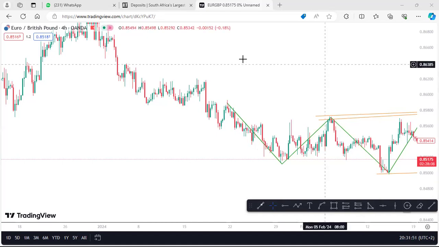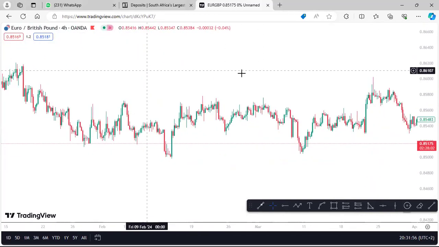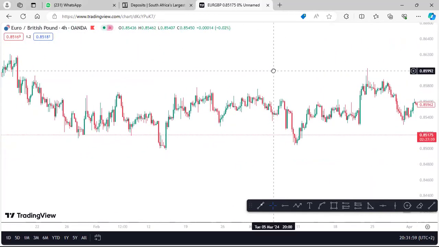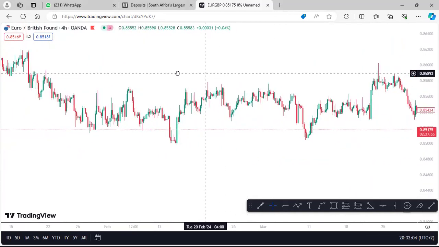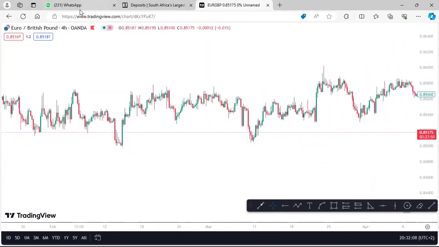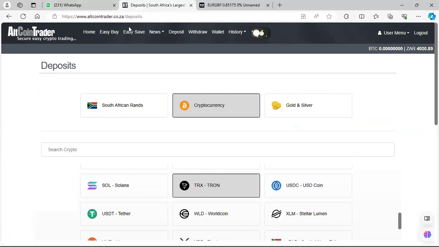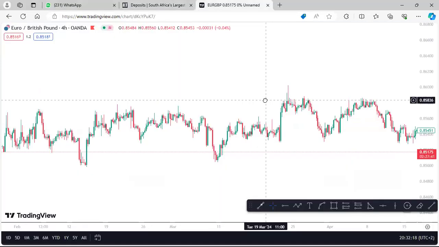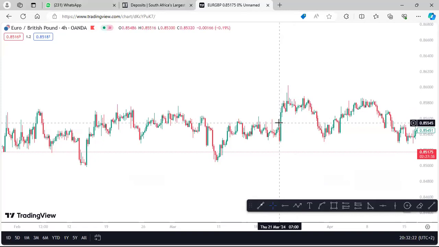Let me show you, for example, the first tool that we'll look at, which is the stochastic indicator.